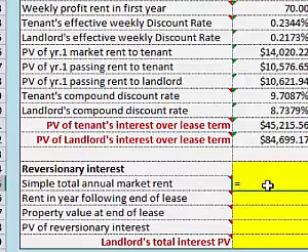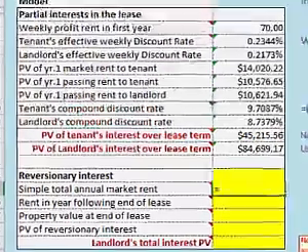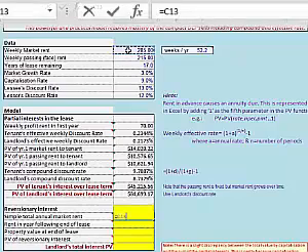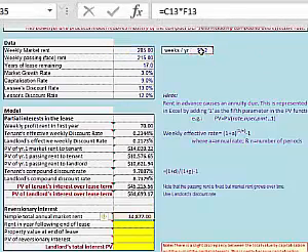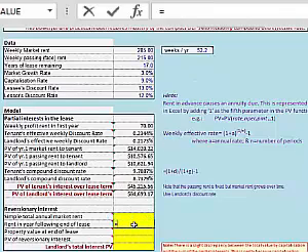We're going to do that by simply doing a simple sum of the market rents, multiply that by the number of weeks in the year. I'm going to then escalate that to the year after the last year of the lease.